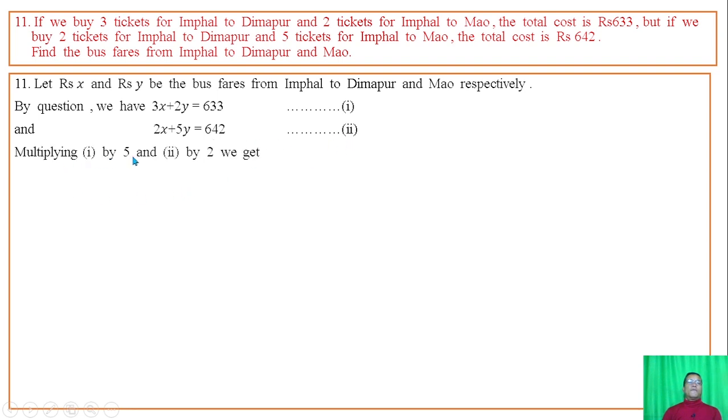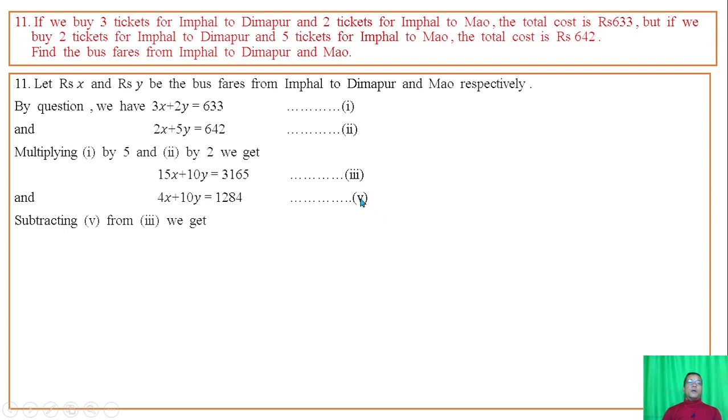Multiplying equation 1 by 5 and equation 2 by 2 so that the coefficient of y becomes the same, we get equation 3 and this equation 5. Subtracting equation 5 from equation 3, y cancels and we get 11x equal to 1881, which gives x equal to 171.